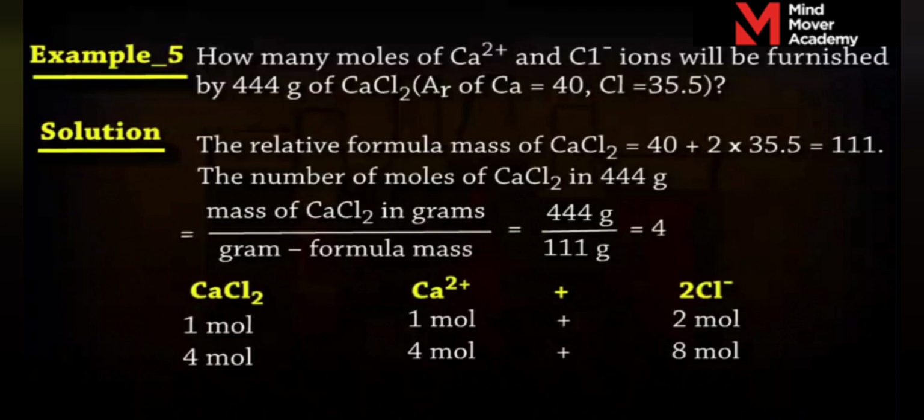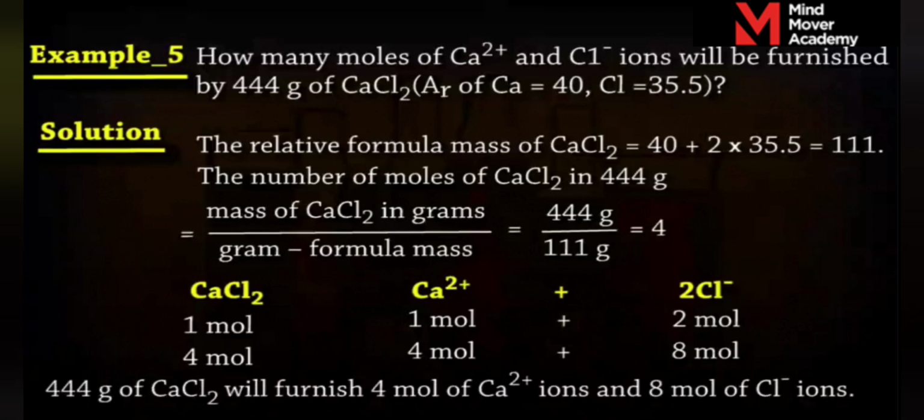So, 4 moles of CaCl2 will give 4 moles of Ca2+ and 8 moles of Cl-. So, 444 grams of CaCl2 will furnish 4 moles of Ca2+ ions and 8 moles of Cl- ions.